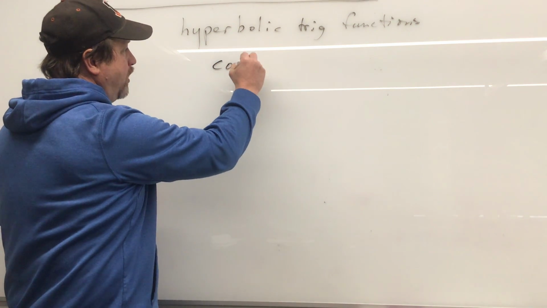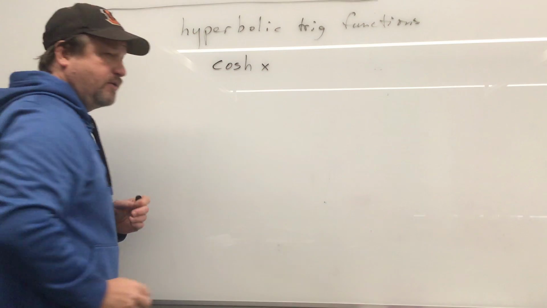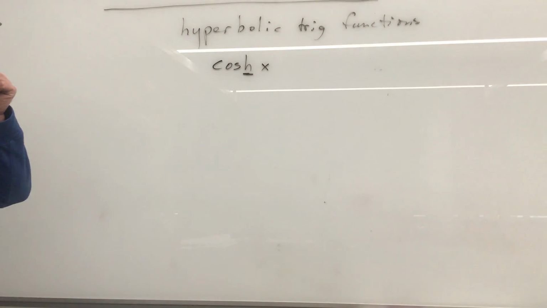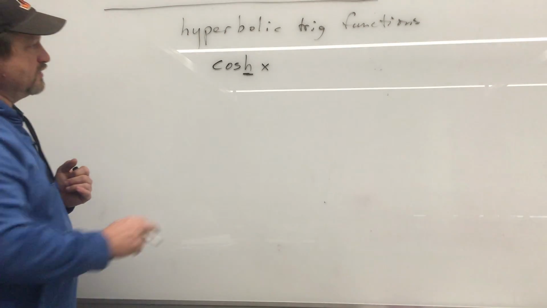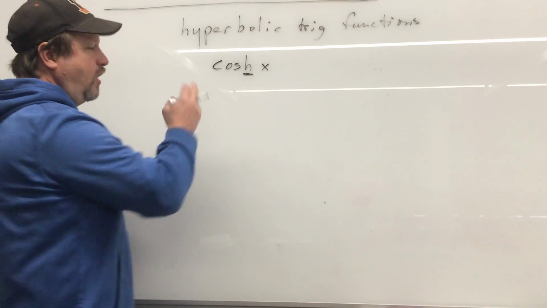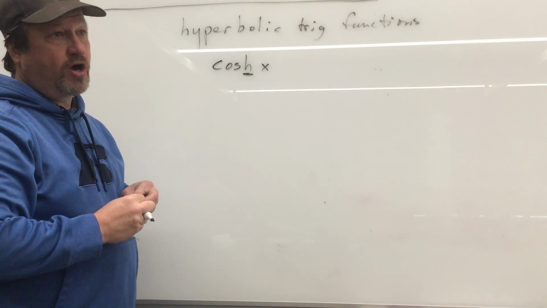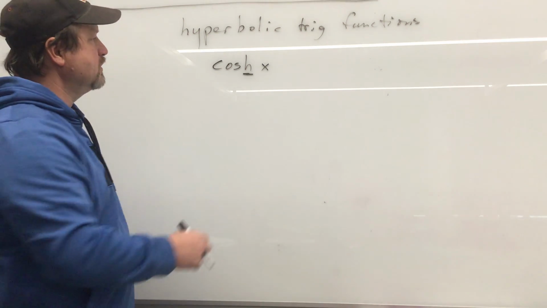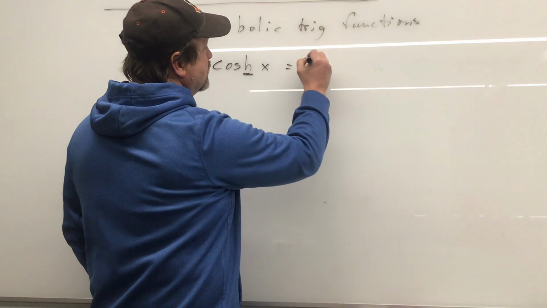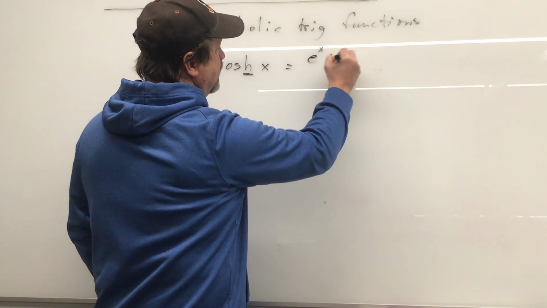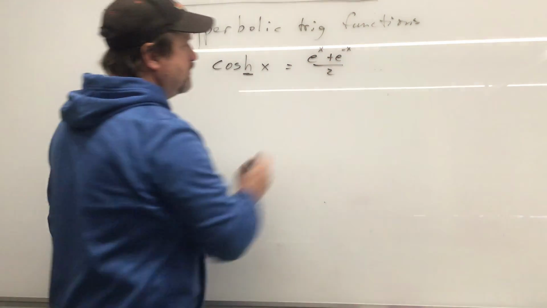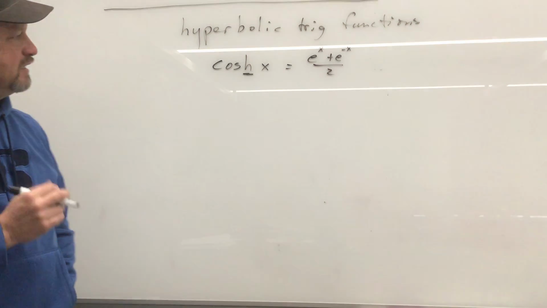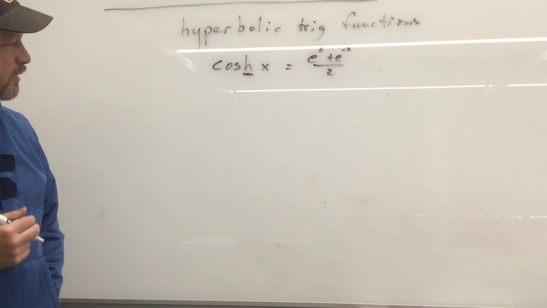The hyperbolic cosine of a value x. The h tells us it's hyperbolic, and often people just refer to that as cosh of x rather than saying hyperbolic cosine all the time. But it turns out that it is just the following. It is a combination of exponential to a positive x, and exponential to a negative x, divided by 2.